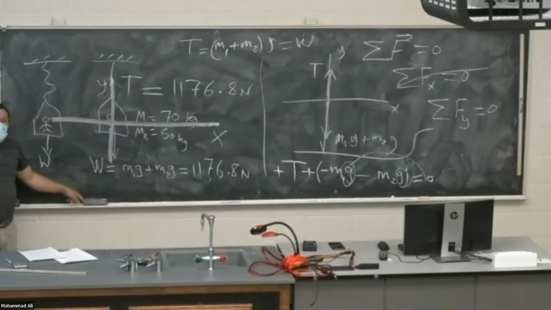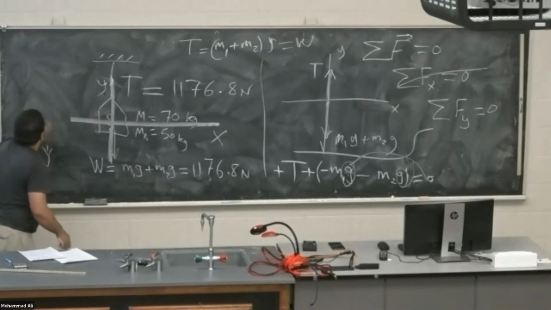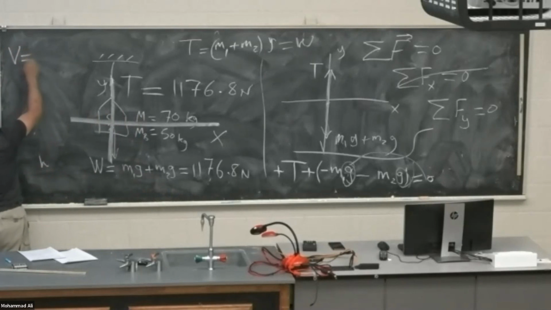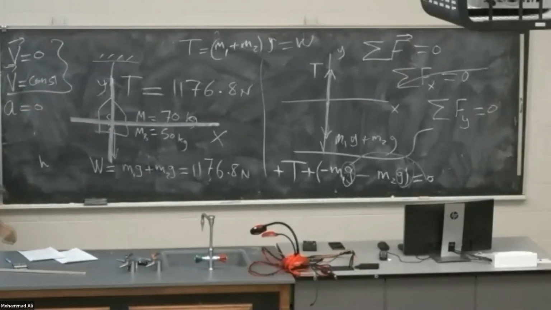If the velocity is 0, or if v is equal to a constant as a vector, then the acceleration is equal to 0.